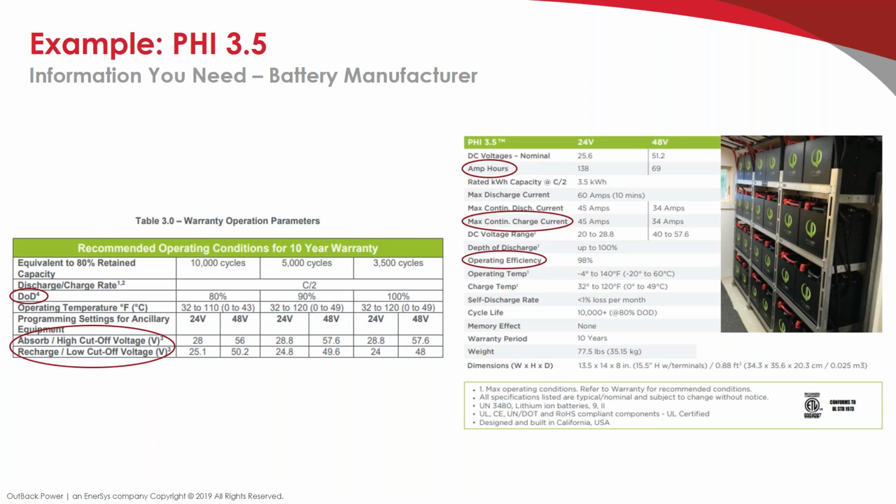Operating efficiency, that's also known as our charge factor in the FlexNet DC lingo. Depth of discharge, that's just something for us to note. Again, for Skybox, that's where we'll use that. And then again, at the very bottom, absorb or high cutoff voltage and recharge low cutoff voltage. So those are all things we need.